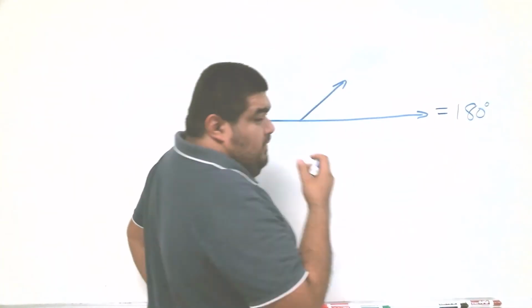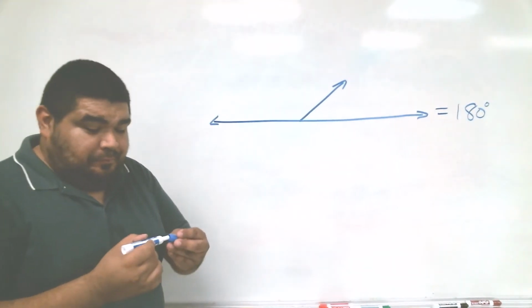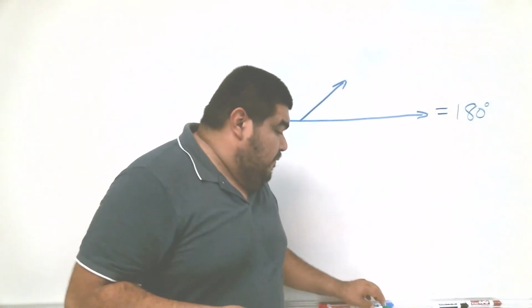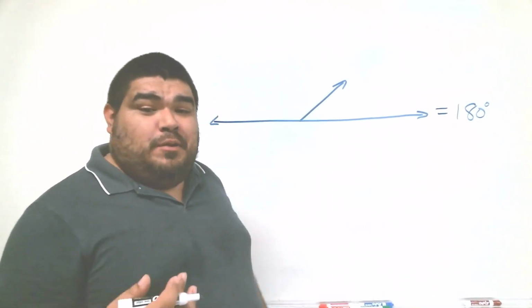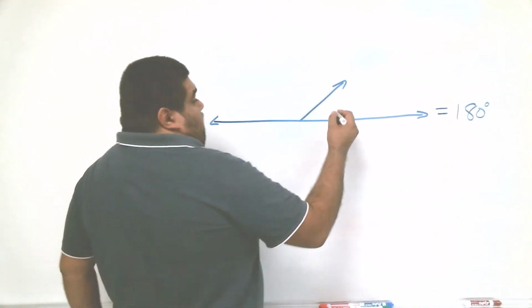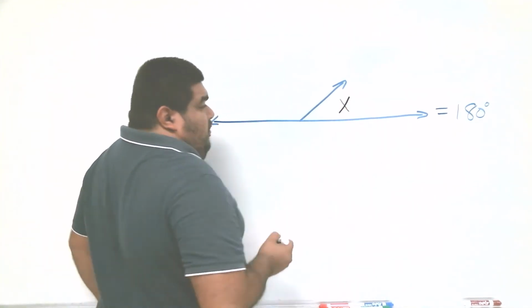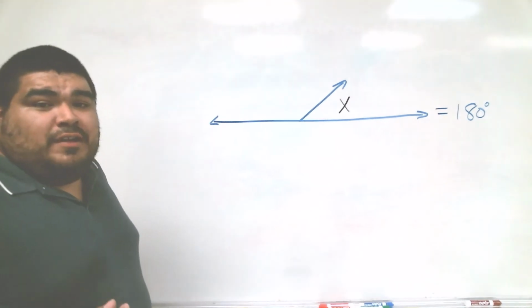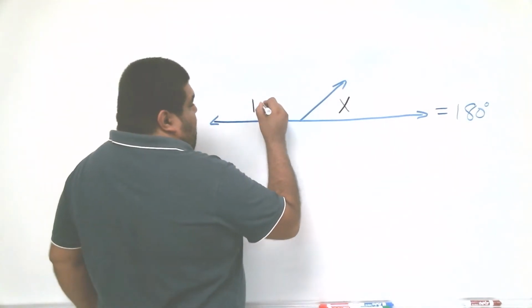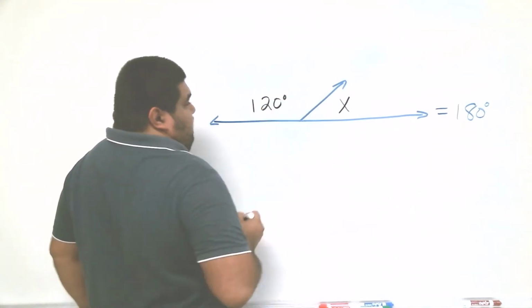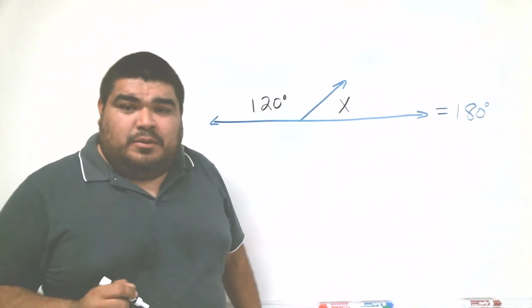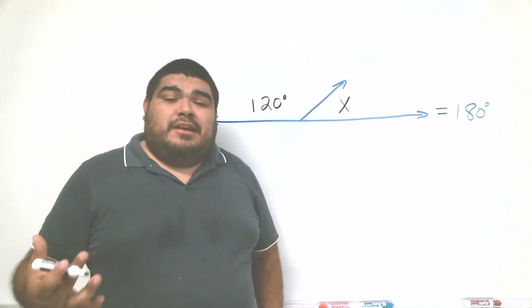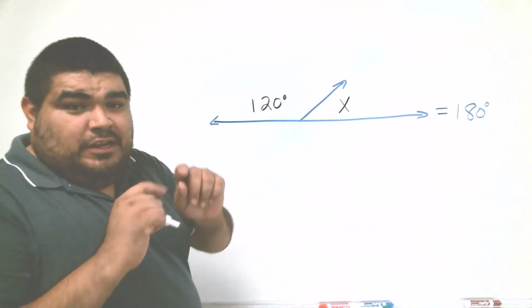Our job for today is solving for a specific variable. So we're going to have our variable here. It is also given to us that this other side is 120 degrees. So remember, we want to know what this other side is. The way we set it up is, remember, it's two angles that equal 180.